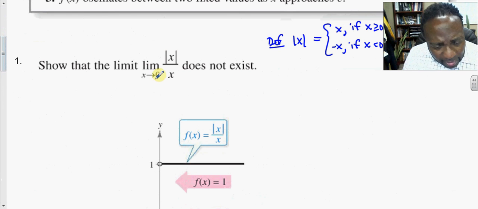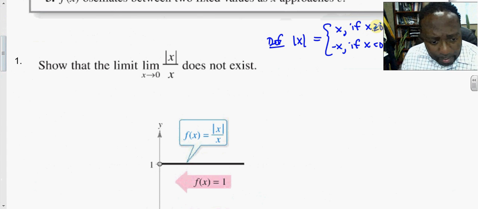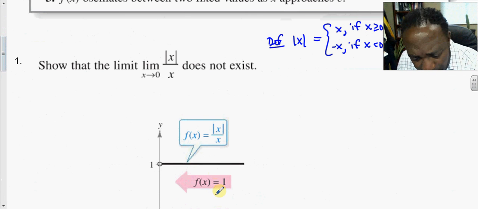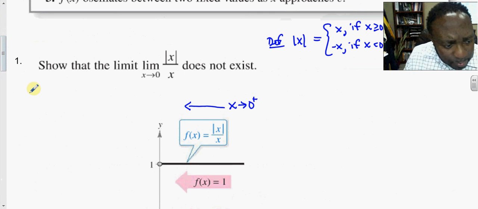So we look at x approaching 0 from the right side. And that's what we're doing over here, as x approaches 0, with a plus sign for the right.